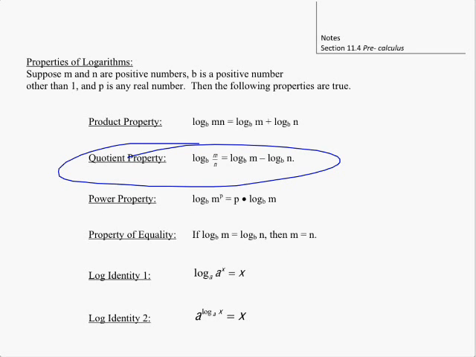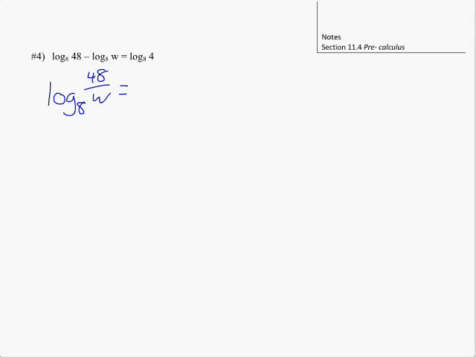Instead of looking at this as left to right, look at it as right to left. We have two different arguments we're subtracting, and then we can write that as just one logarithm where it's a quotient. Yes, I wasn't joking when I said earlier, left to right is top to bottom. Reading it from left to right, 48 comes first. Reading the fraction from top to bottom, 48 comes first.